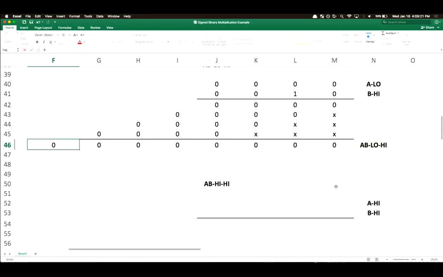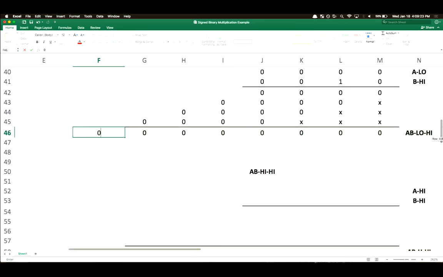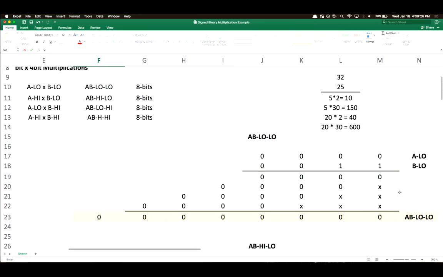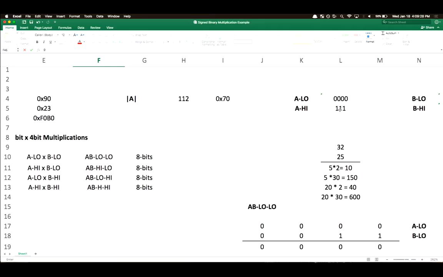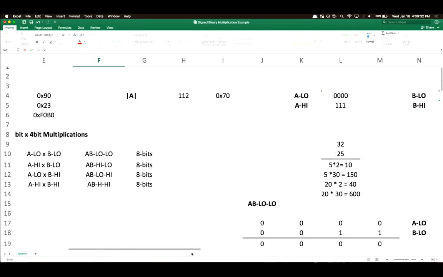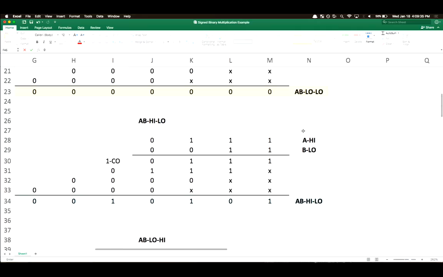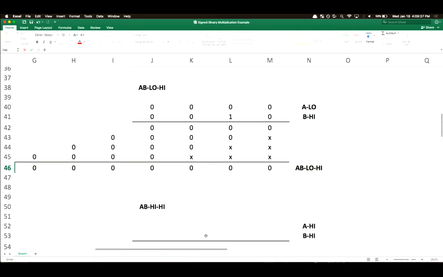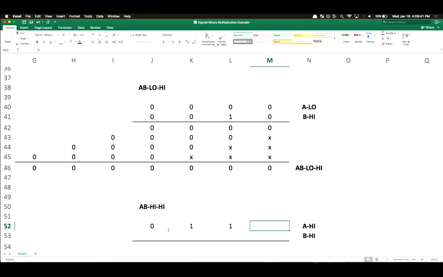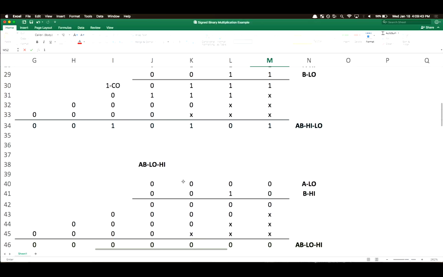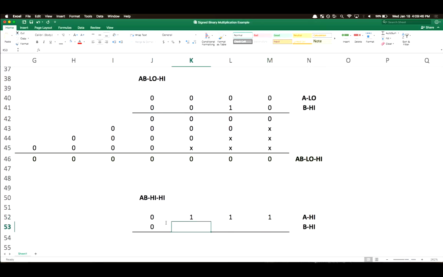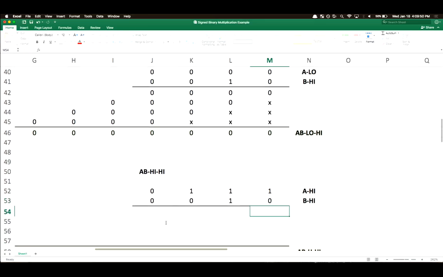Now we have the last part remaining, which is A high times B high. A high was 0, 1, 1, 1, because that's a hex digit of 7. And then B high was 0, 0, 1, 0. So let's write that in. And then just going to do binary multiplication the same way. Since this is 0, we're just going to write zeros.